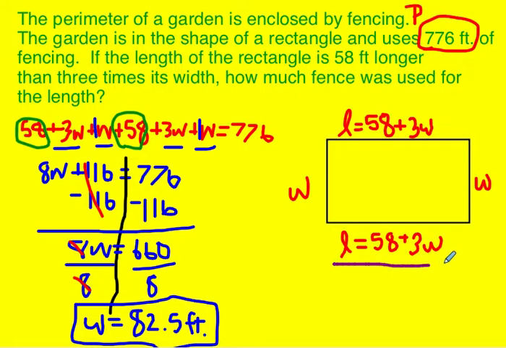I can see that here over in the rectangle, like has happened in all of the other problems, I have an equation for length. Length is 58 plus 3 times W, and I now know that W is 82.5. So the length is going to be equal to 58 plus 3 times that width value that we got, which was 82.5.